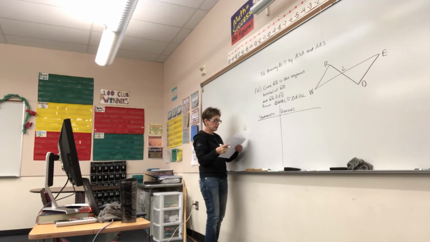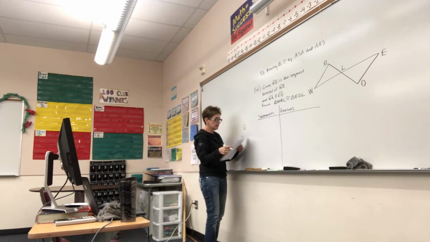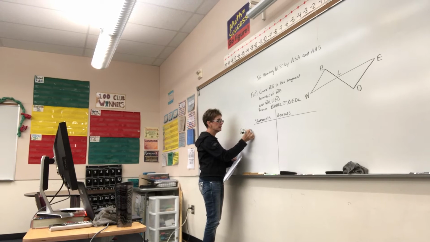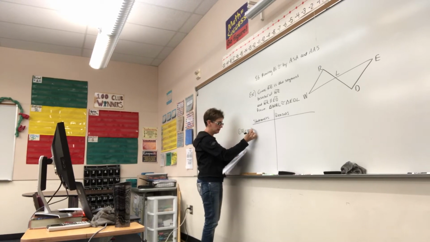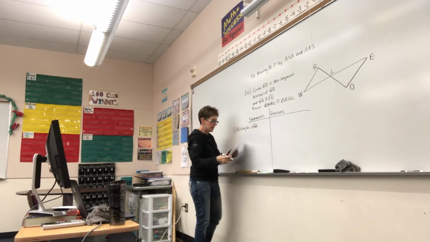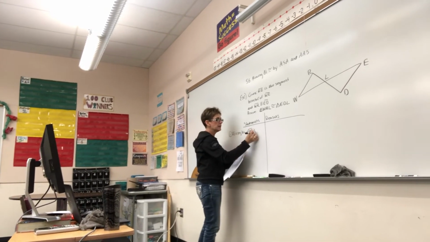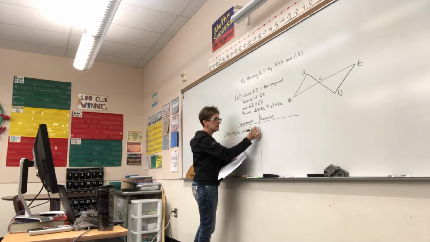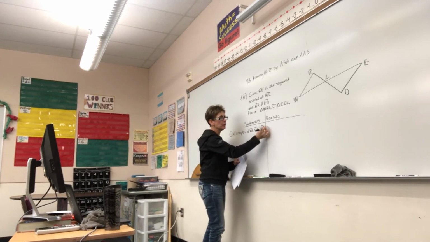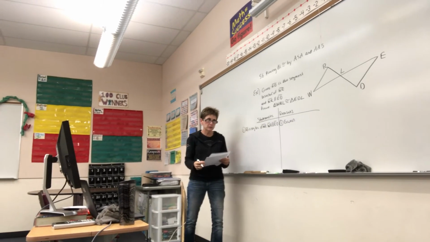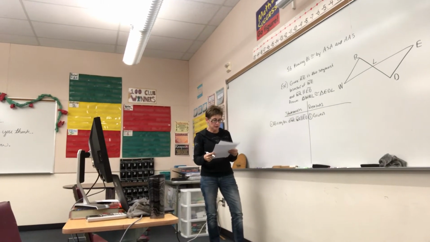So the first thing we were given is that RD is the segment bisector of WE, and we were also given that WR was parallel to ED. And of course, our first reason is always the word given. 100% of the time, that's what you're going to do.